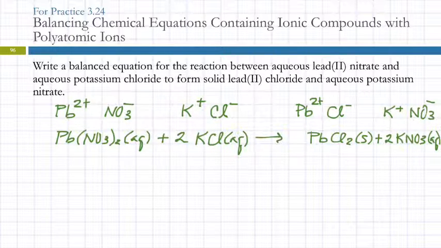So if you for instance went a little overboard and you had 3 there and 6 here and 3 here and 6 here. That's not the lowest ratio, 3 to 6 to 3 to 6. I can divide all of these by 3 and get 1 to 2 to 1 to 2.